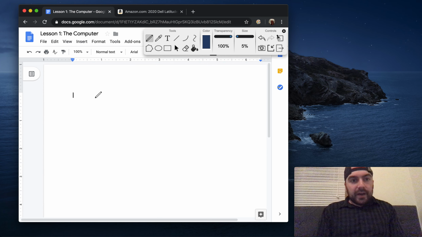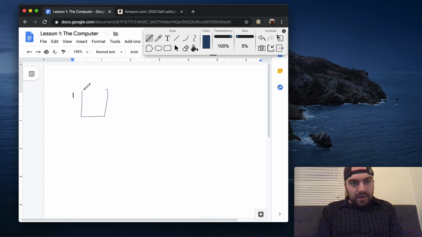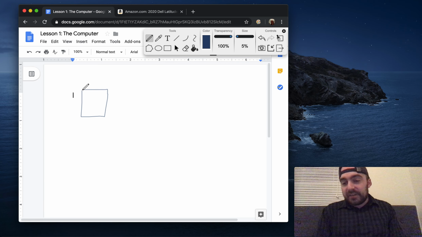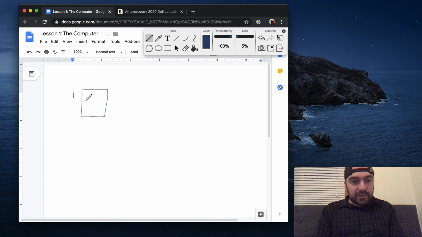If I draw a processor here as just a single box, what this processor does for a computer is the calculation. So imagine that it's doing 2 plus 2. Then I'm going to put this number here, 4.8 gigahertz, or GHz.